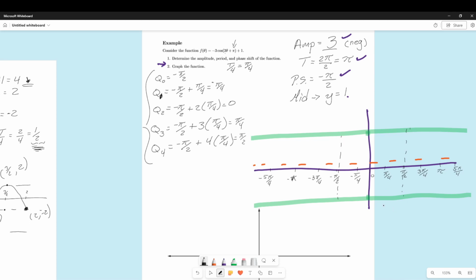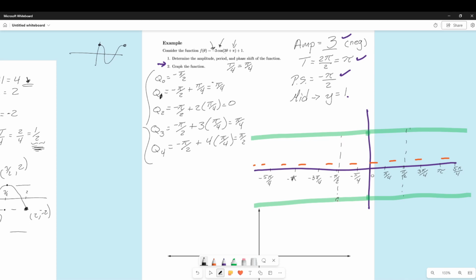Now to know exactly where to start, that's going to depend on whether we're sine or cosine. This is cosine, so remember, standard cosine starts at its maximum and then goes through an oscillation. But because of that negative, we're actually going to be starting at the bottom and going upward.